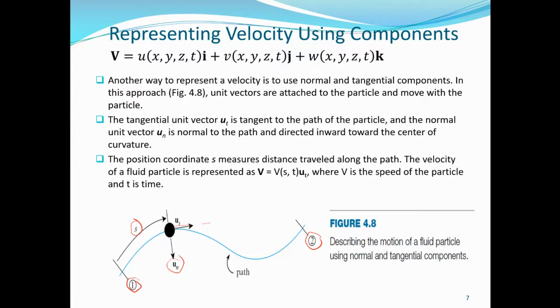Here, the position coordinate s measures distance traveled along the path, and the velocity of a fluid particle is a function of the tangential component. V equals V, the speed of the particle, times the unit vector ut along the tangential direction.